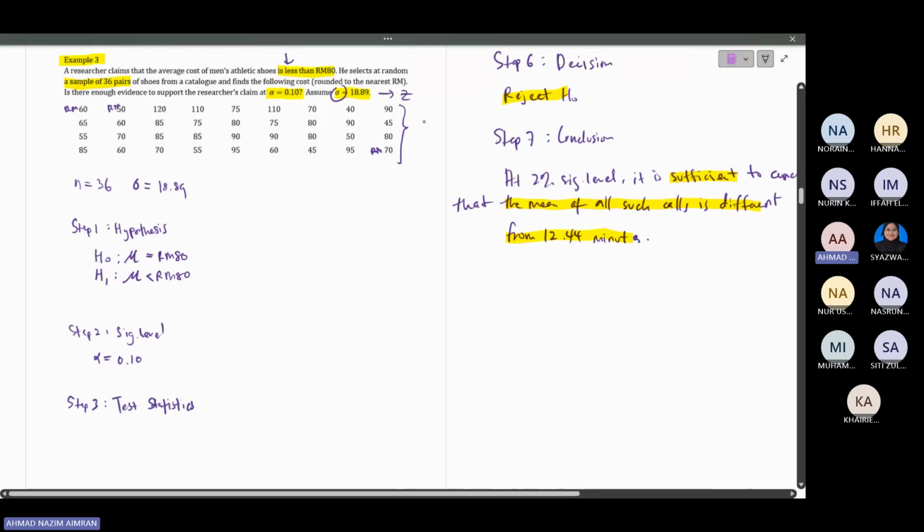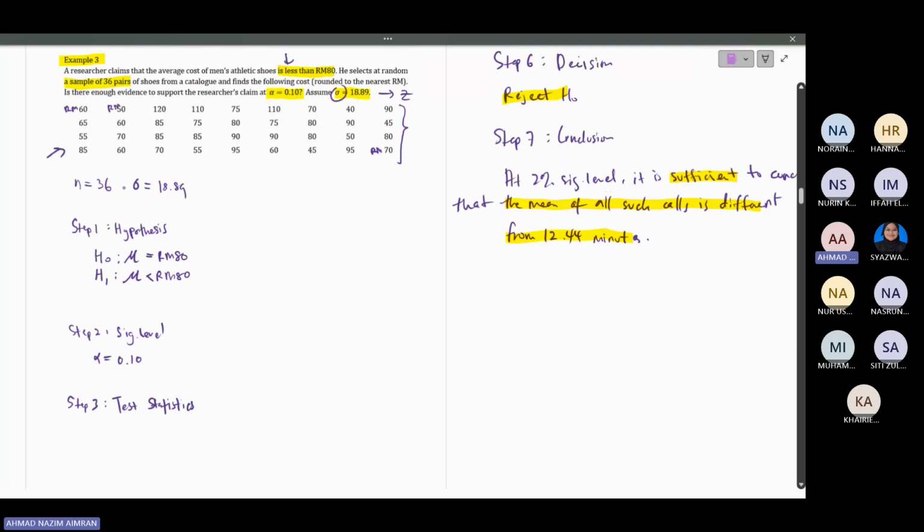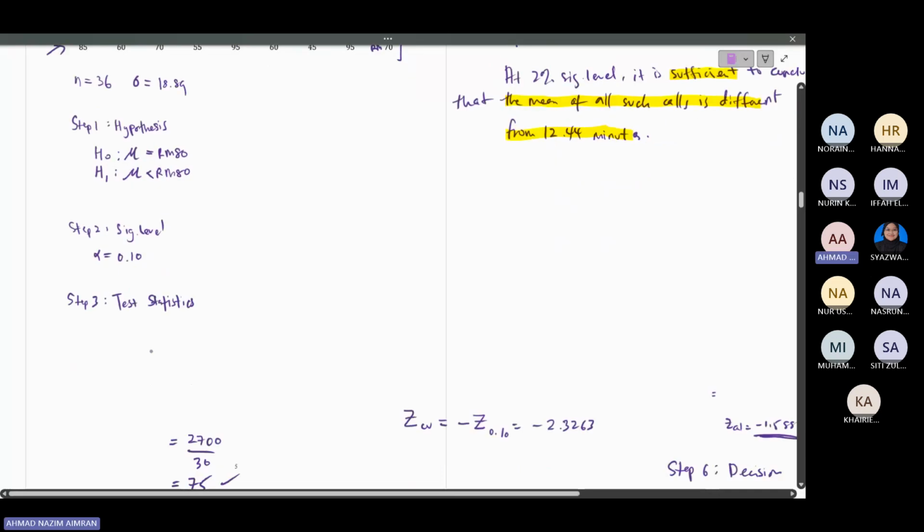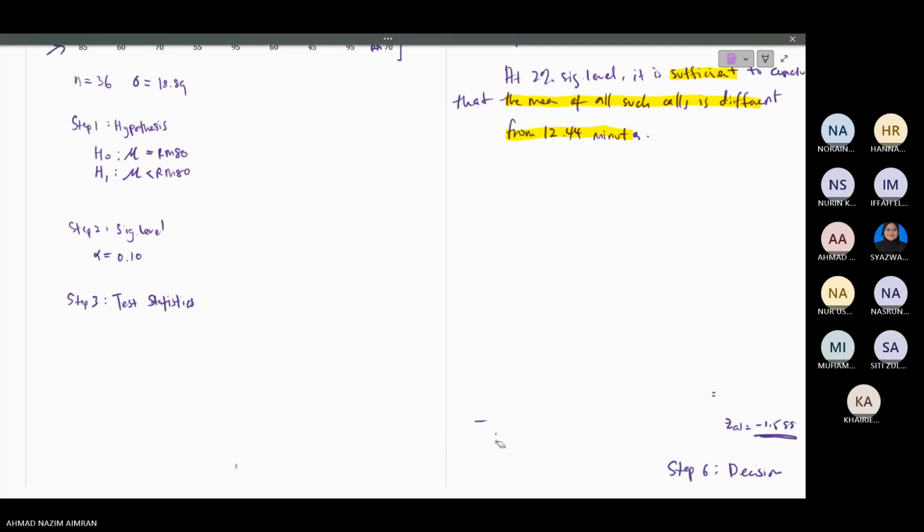Instead, the question gives you the raw data. You need to calculate the X bar based on all information given. So X bar is equal to summation of X over N.